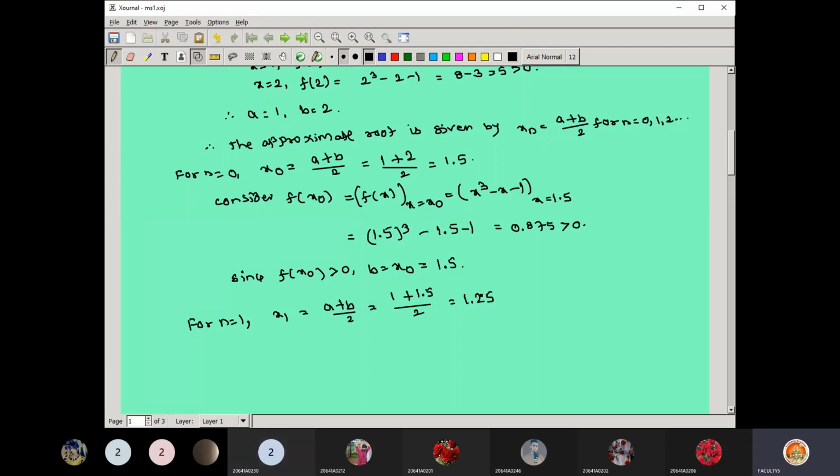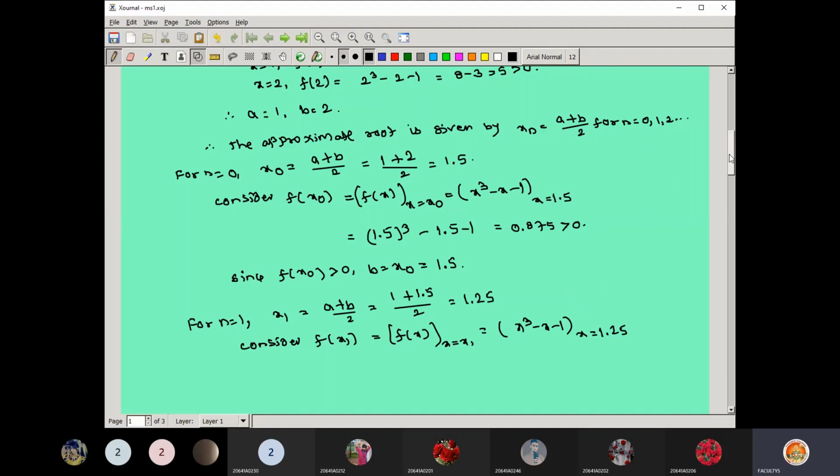1.25. Right. So this 1.25. Now again you are substituting in the function. Consider I am substituting here f of x1. This is nothing but f of x. There you are substituting x equal to x1. Your f of x is nothing but x cube minus x minus 1 and x is equal to 1.25. You are substituting there.